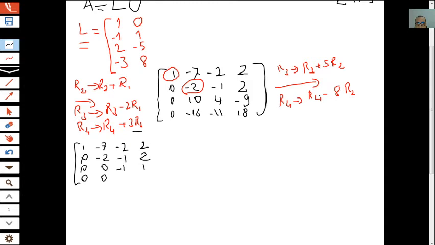So we have minus 8 plus 8, minus 11 becomes minus 3.